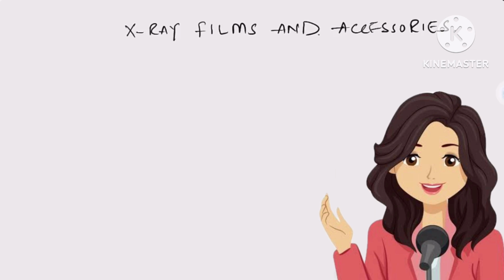If you have seen RVG or digital X-ray in some clinic, you have a sensor for taking the X-rays. That is called an image receptor. So it can be modified. The image receptor can be a film, or it can be modified by adding some extra accessories to it. Okay, that we'll discuss now.